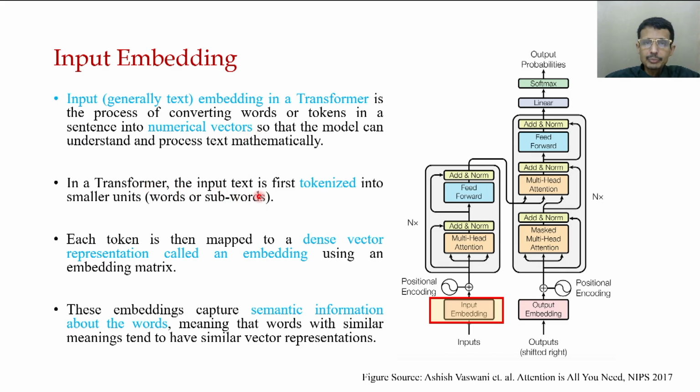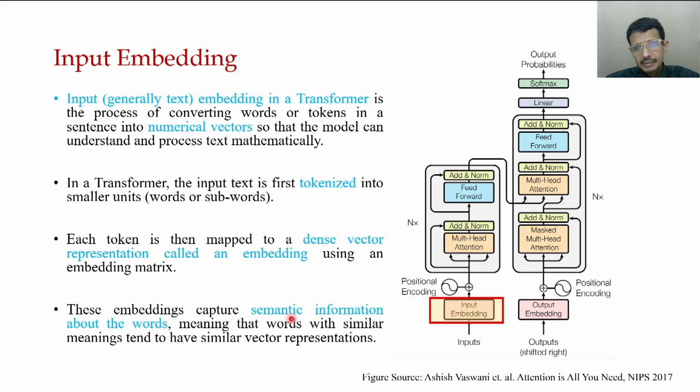In a transformer, the input text is first tokenized into smaller units, words or subwords. Each token is then mapped into a dense vector representation called an embedding, using an embedding matrix. A popular embedding is word2vec or something like that.